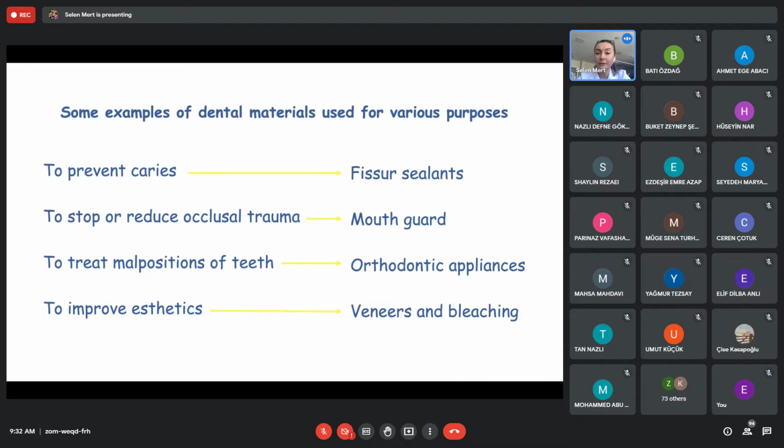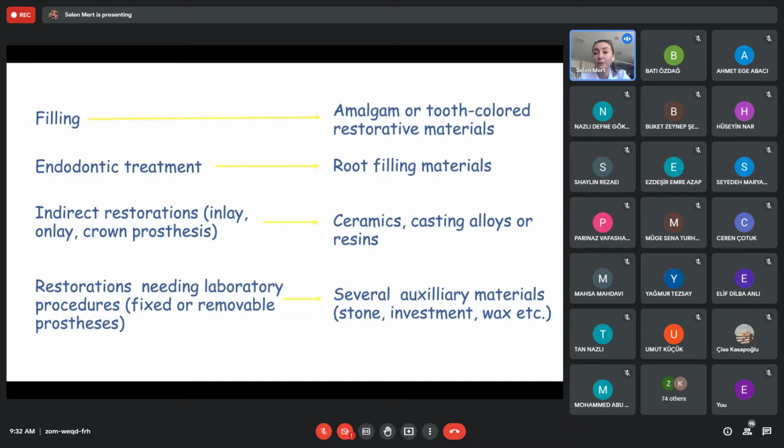Some examples can be given as fissure sealants, mouth guards, orthodontic appliances, veneers and bleaching materials, amalgam restorative materials, tooth-colored composite restorative materials, root filling materials, ceramics, casting alloys, which is döküm alaşımları in Turkish, or resins, and several auxiliary materials that we don't use in the patient's mouth, but we use in our laboratories to produce restorations for our patients.